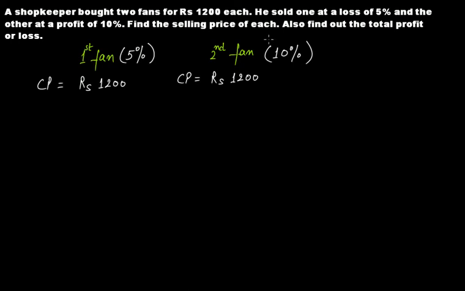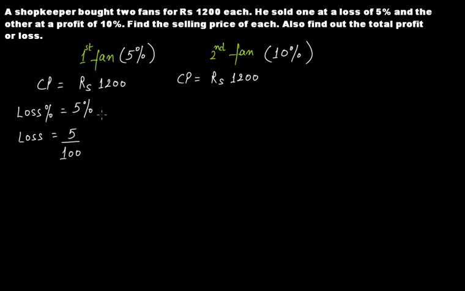Now tell me, we calculate the profit and the loss on cost price, right? So this is the loss that you make when you sell this fan. The loss percentage is 5%, right? So what's the loss that you make?